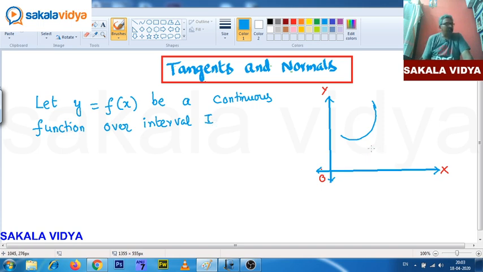This is a continuous function y is equal to f of x. Now, what is the tangent to this function? So for example, you draw a tangent like this. Say this is a tangent line.